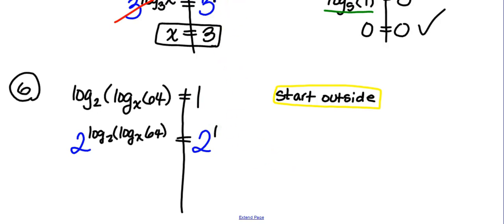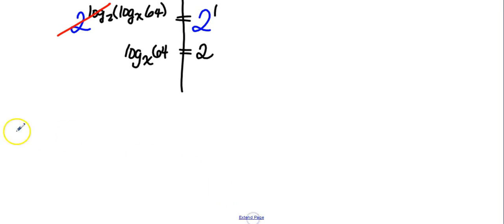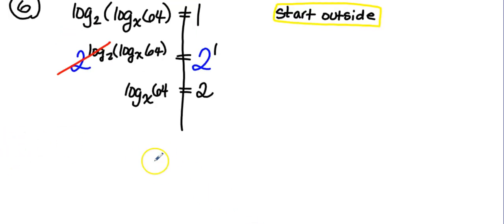Choosing to use 2 as a base is very good for us because 2 to the log base 2 cancels, leaving behind log base x of 64 equals 2. What am I going to do? How do I unlock log base x? What's the inverse of that? Well, no different than this was if the base was a number, we can use a variable as a base just like we would a number.